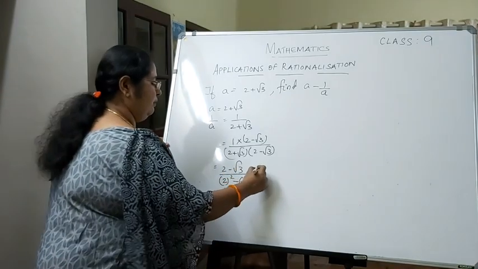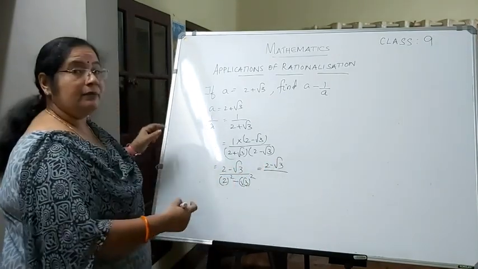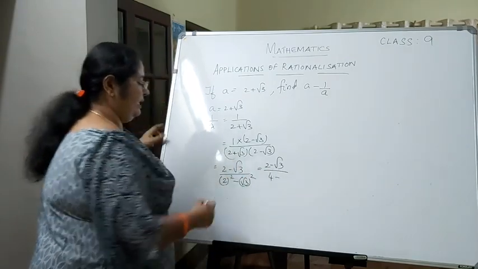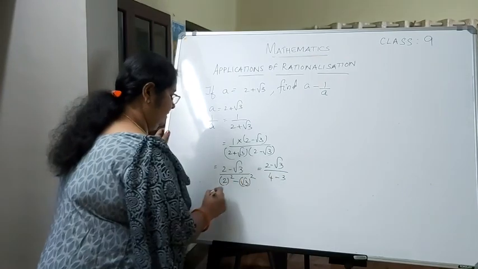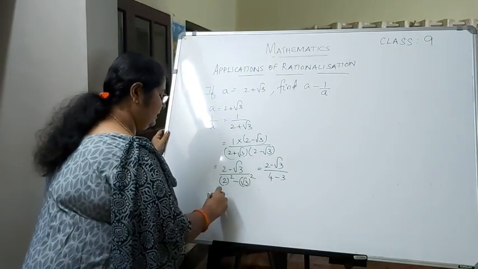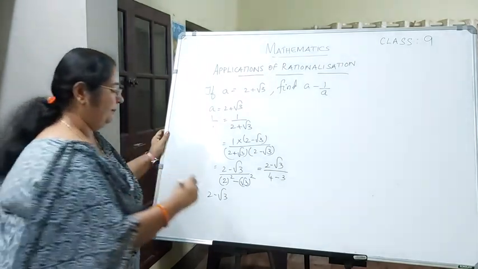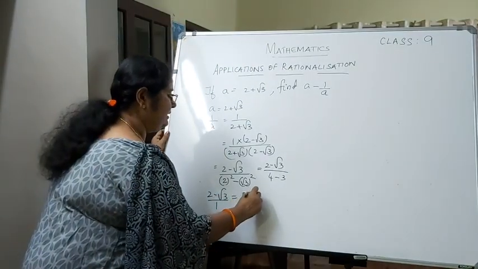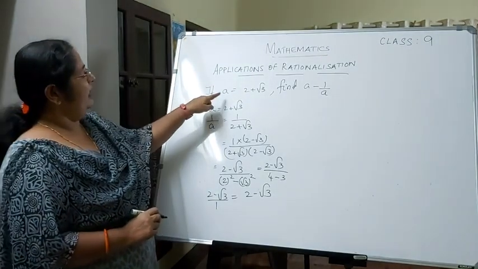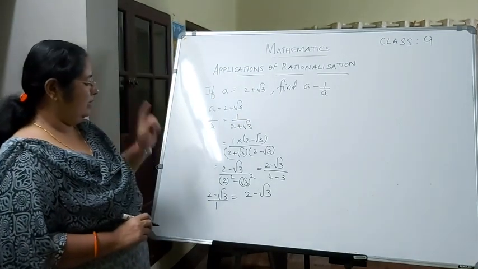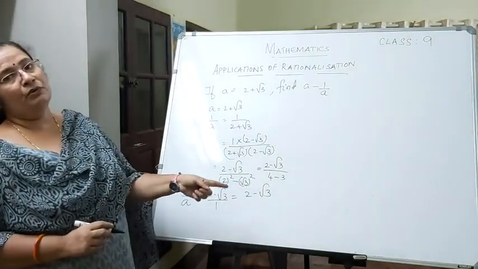So what is this equal to? 2 minus root 3 by 2 square is 4, minus root 3 the whole square is 3. So this is 2 minus root 3 by 4 minus 3, which is 1. That is the same as 2 minus root 3. So a is 2 plus root 3, and 1 by a is 2 minus root 3.